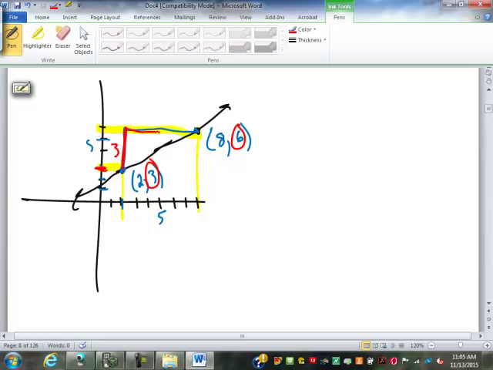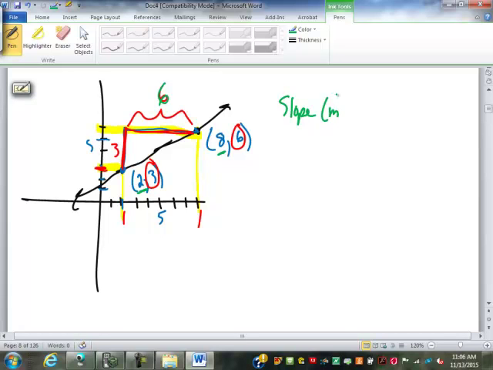Our run then is how much here? Count them, it's 6 units. Is there a way from our coordinates that I could have got that 6? Yeah, the 2 and the 8. The change in the x coordinates is a run.